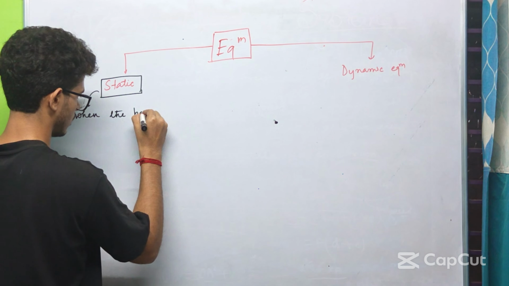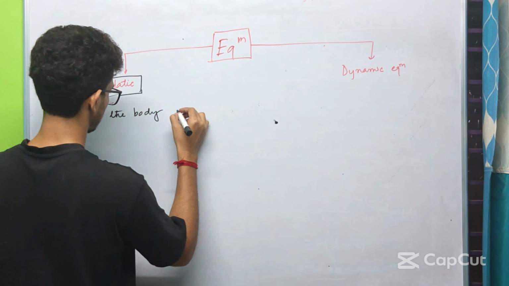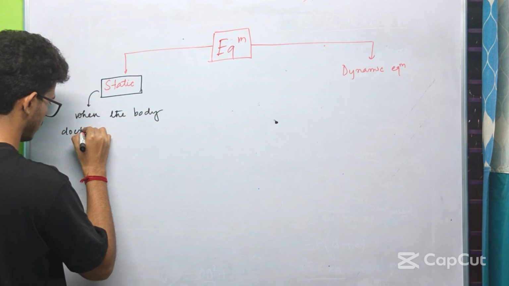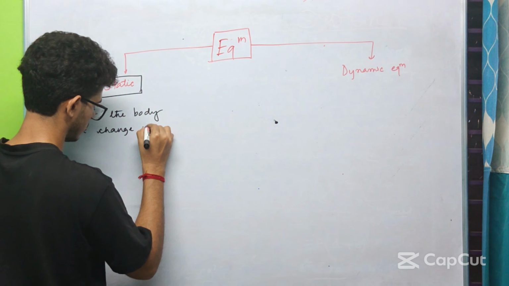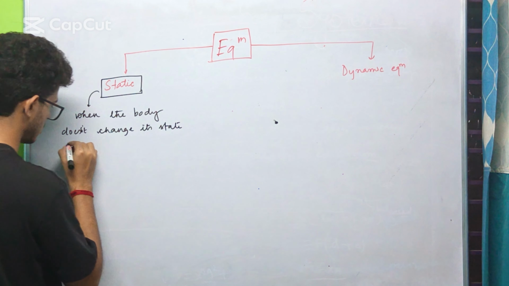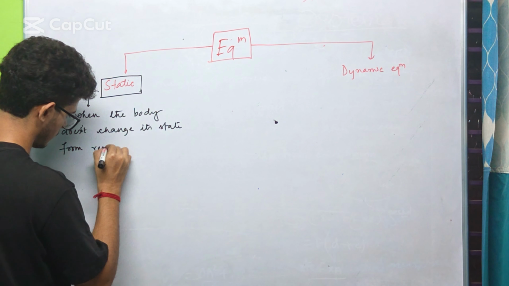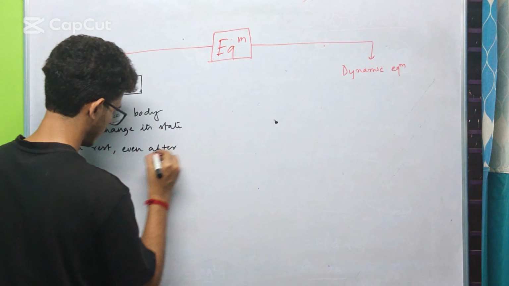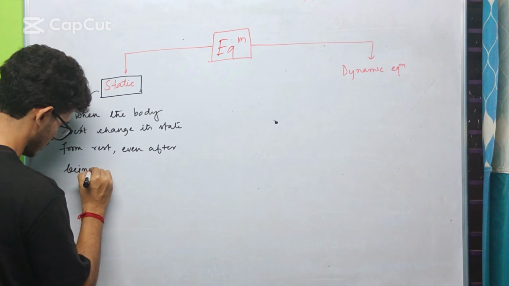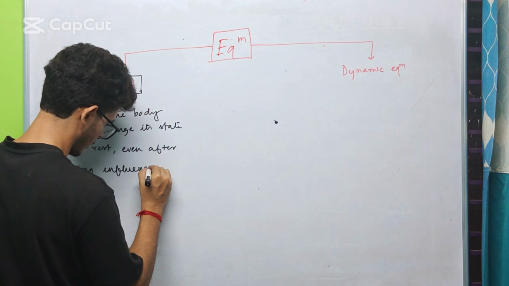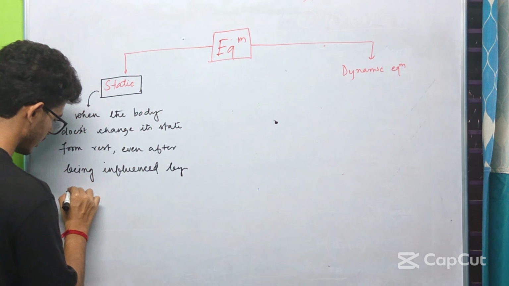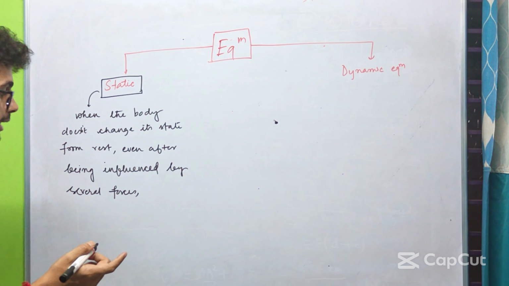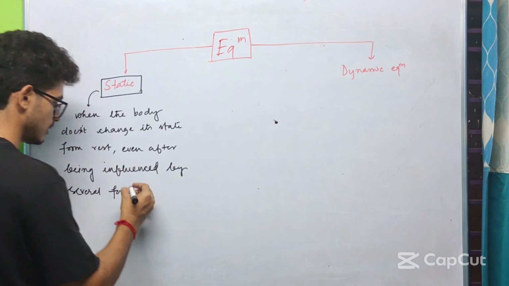When the body is in the state of rest, even after being influenced by several forces, we call that the body has attained static equilibrium.